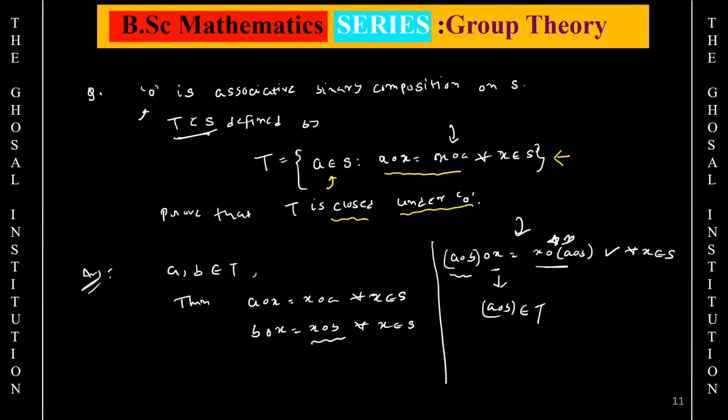It means you have to prove that A compose B, where the pair is taken from T cross T, is in T also. In which condition is A compose B in T? If you can prove that (A compose B) compose X and X compose (A compose B) are equal for all X in S, you directly say that A compose B is in T because that's the condition of T.